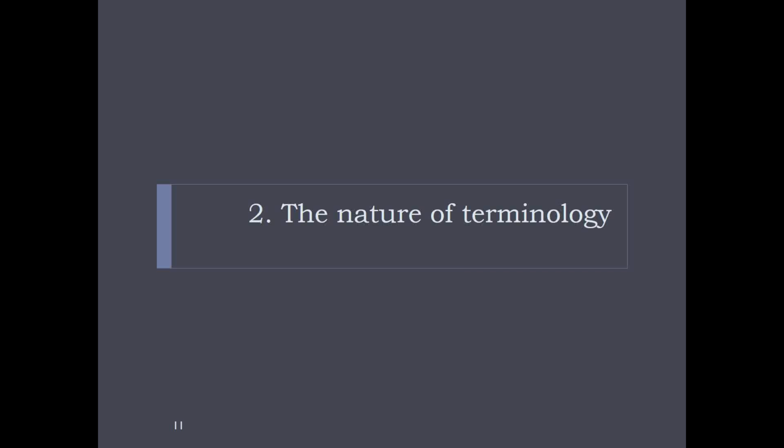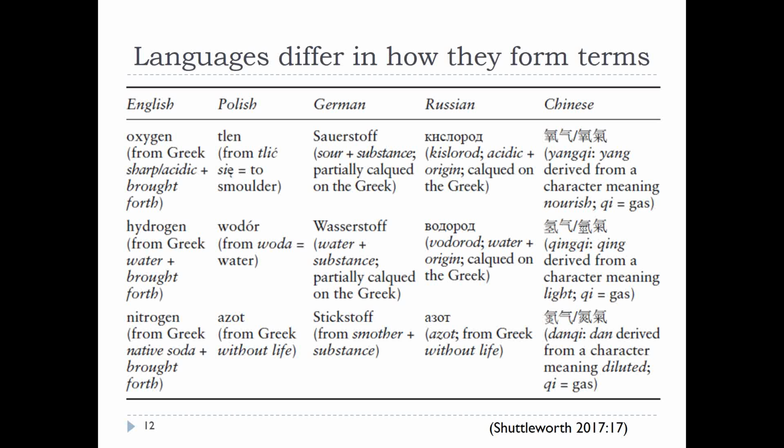Okay, so now moving on to talk about the nature of terminology. I'd like you to take a look at this table, which lists how three particular terms appear in 5 different languages. Now, those terms are the words for 3 different gases: oxygen, hydrogen, and nitrogen.